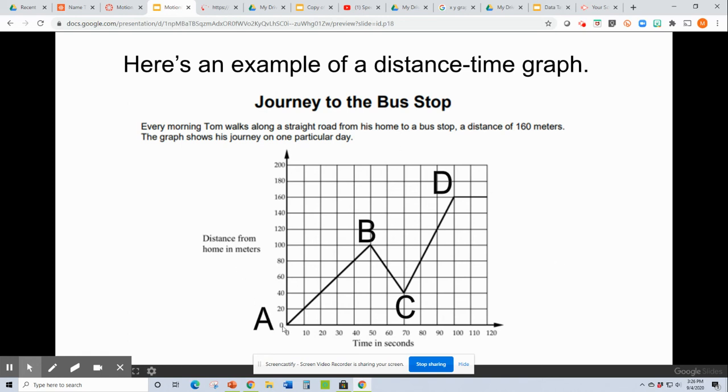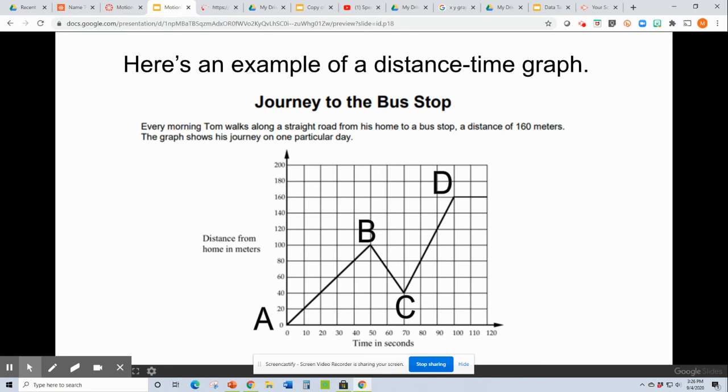All right, so I notice that the x-axis has time in seconds. I notice the y-axis is distance from home. The very first thing I want to point out to you guys, because kids get this wrong all the time, is that they look at this line and they think, and this is wrong, that this means that the person is walking up a hill.